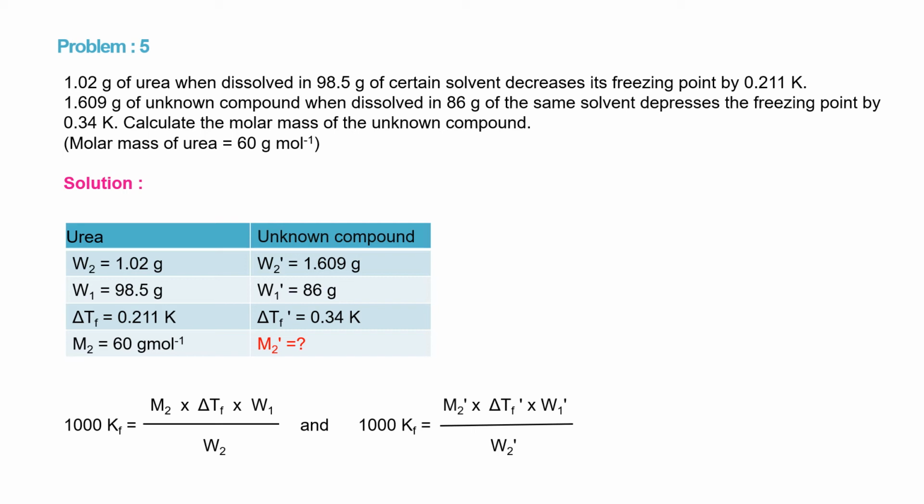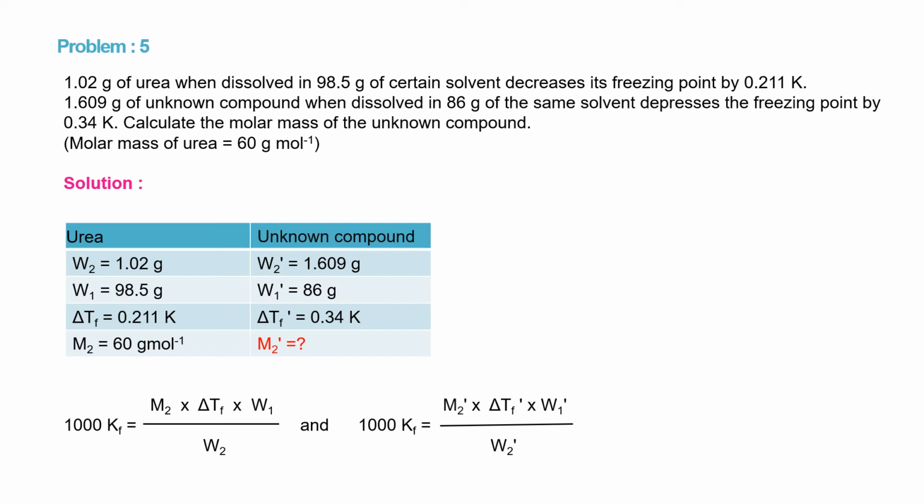Okay, now see, for urea, what is your W2? 1.02 gram. Now W1, the weight of solvent, is 98.5 gram. Delta Tf is 0.211 Kelvin. And M2, the molar mass, is 60 gram per mole.